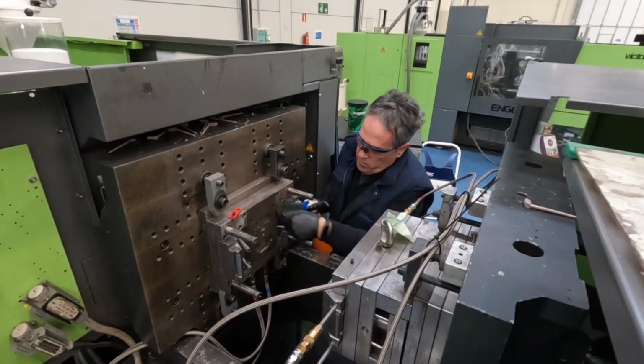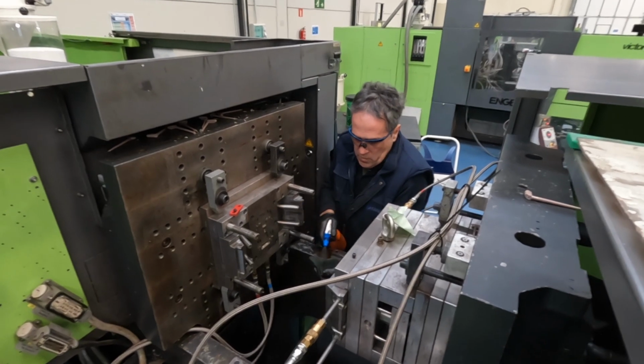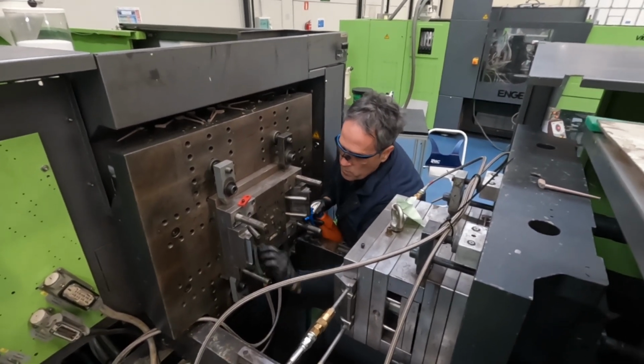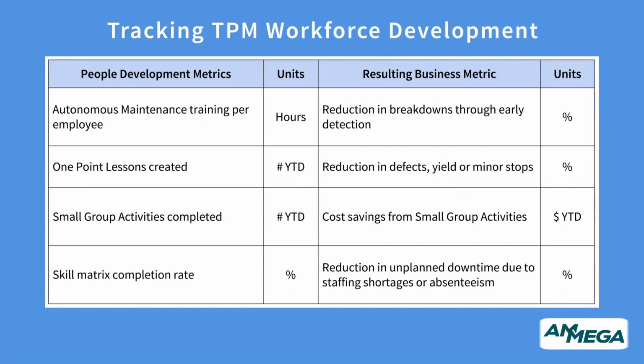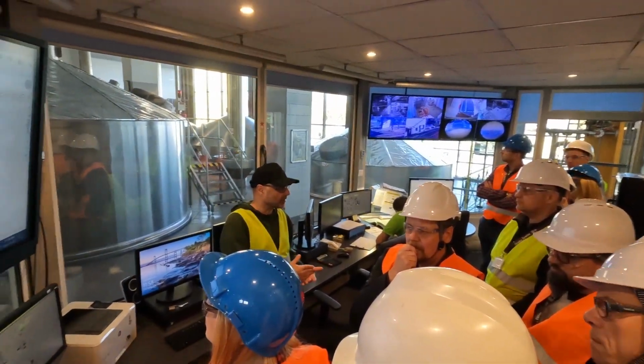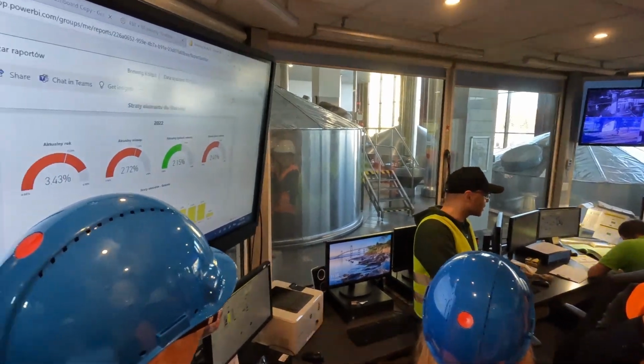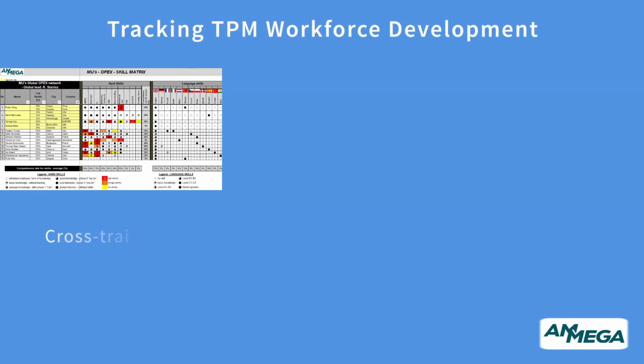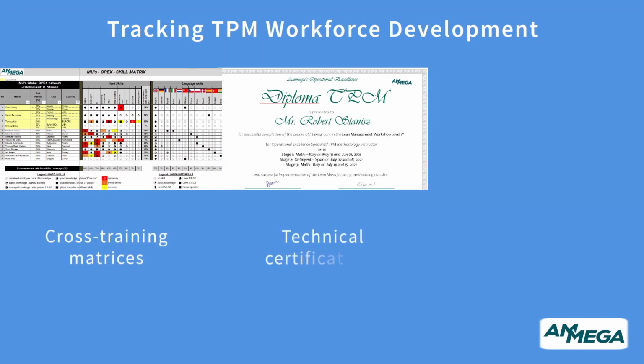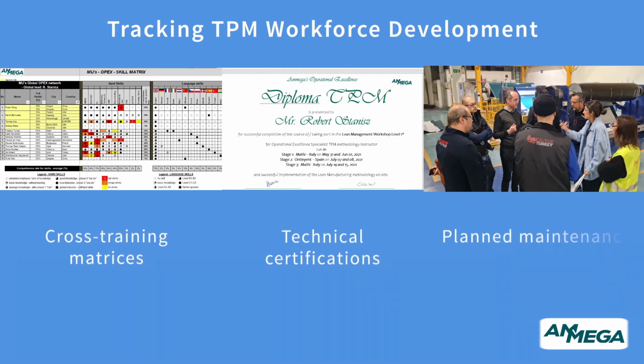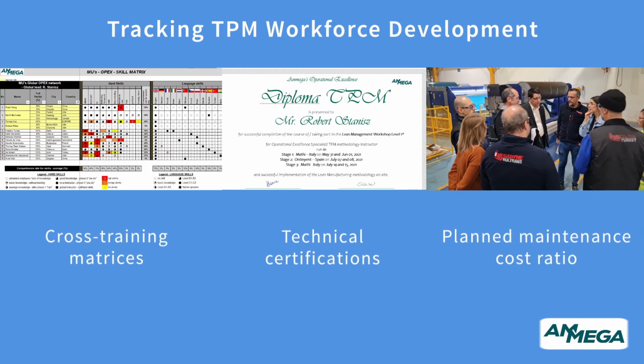These 2 pillars are also good examples of the importance of metrics for developing people. A major contributor to the success of TPM involves upgrading the system and the skills and knowledge of maintenance people, as well as the training and development of frontline equipment operators. This can be tracked through visual training matrices, awarding certifications, and by measuring the ratio of the types of maintenance work.